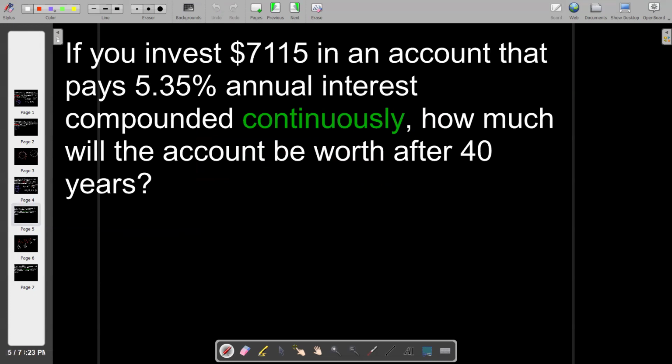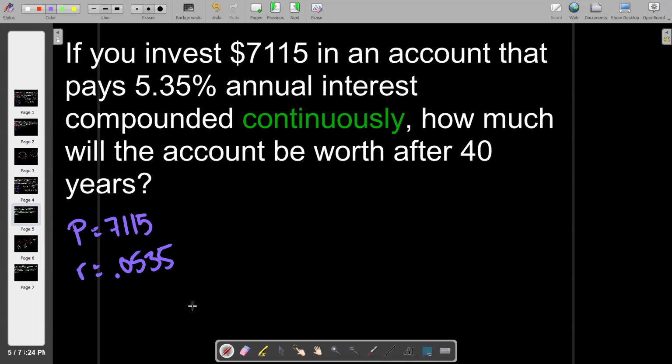So let's get to it. What is P? 7115, right? And what's R in this case, please? It is not 5.35. It is 0.0535, right? Let's get in that habit of always saying it as a decimal, two places to the left.